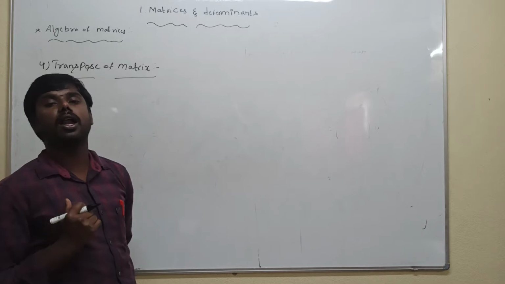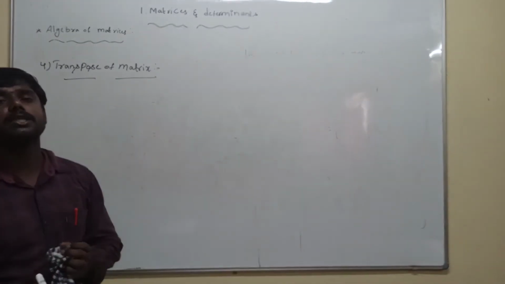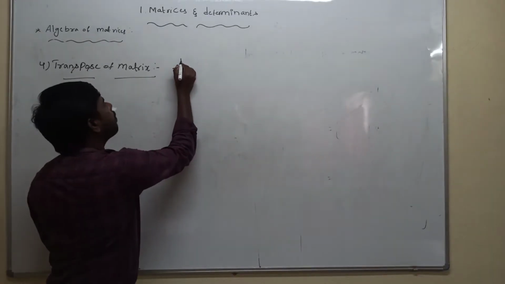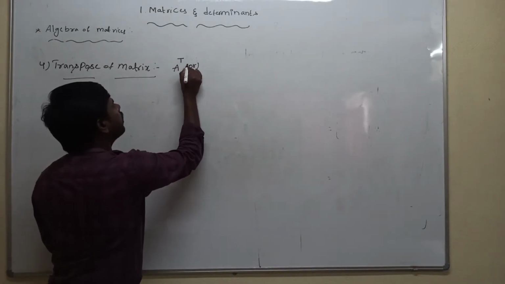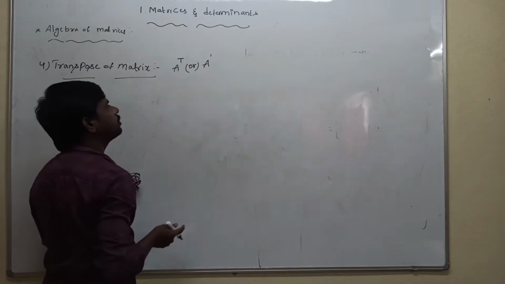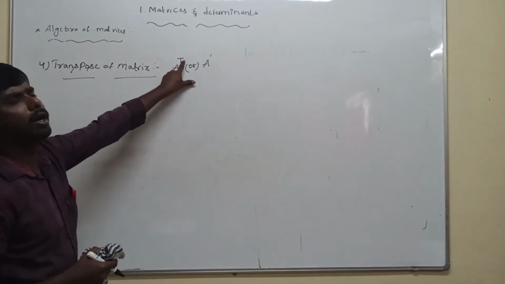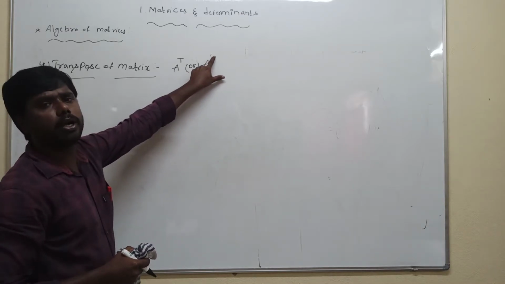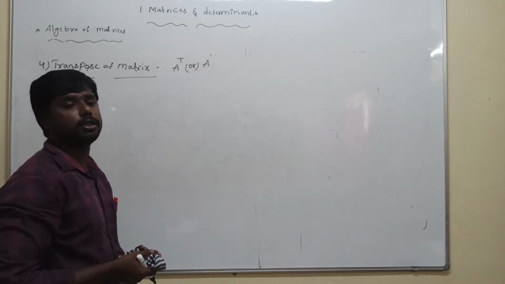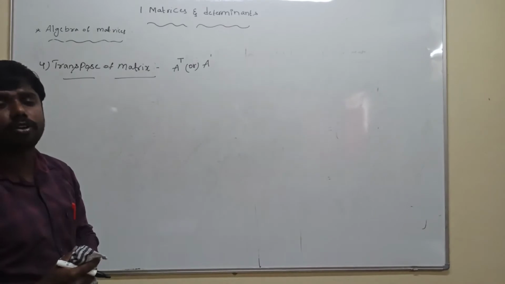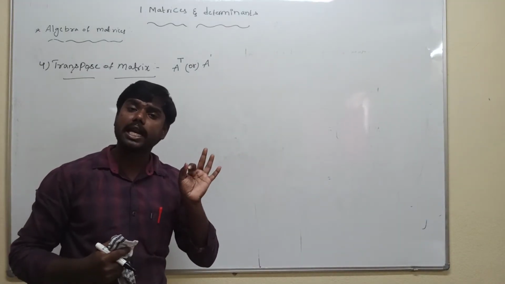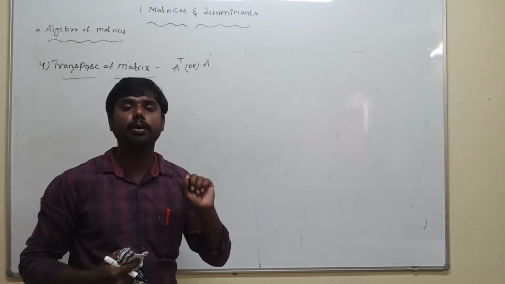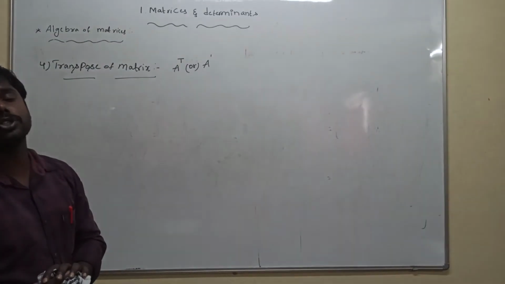It is denoted by A power T or A power dash. A power T is nothing but the transpose of a matrix. The transpose of a matrix is the matrix obtained by interchanging rows and columns.